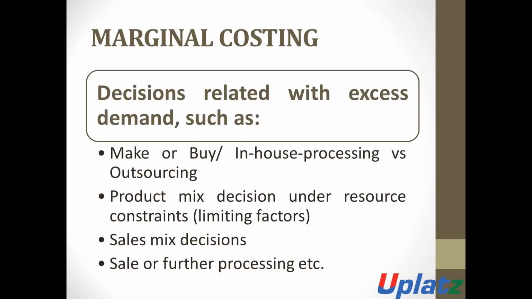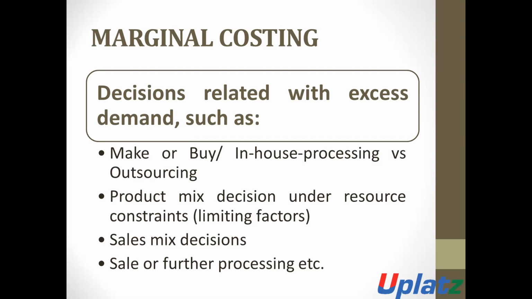And second is decisions which are related to excess demand. If there is any excess demand for a product, then the following decisions are required. Number one is the make or buy decision: whether to make the product or buy it to fulfill the excess demand, in-house processing or outsourcing.